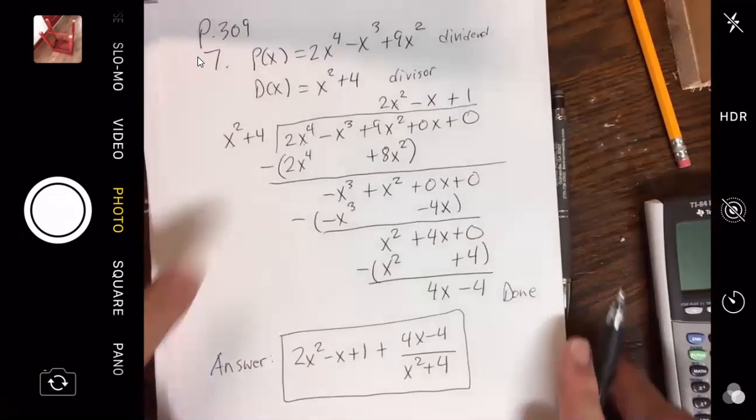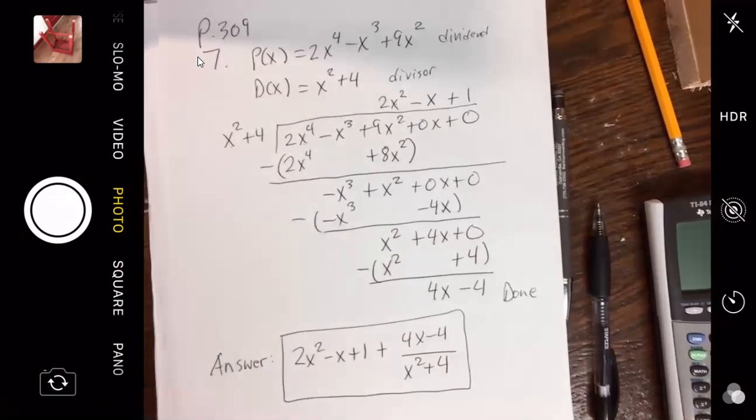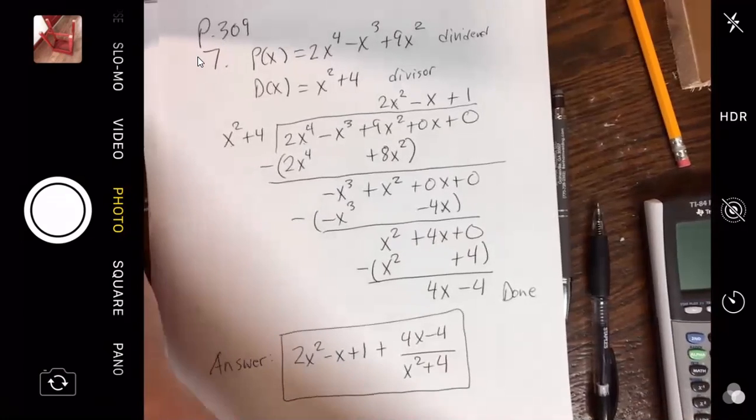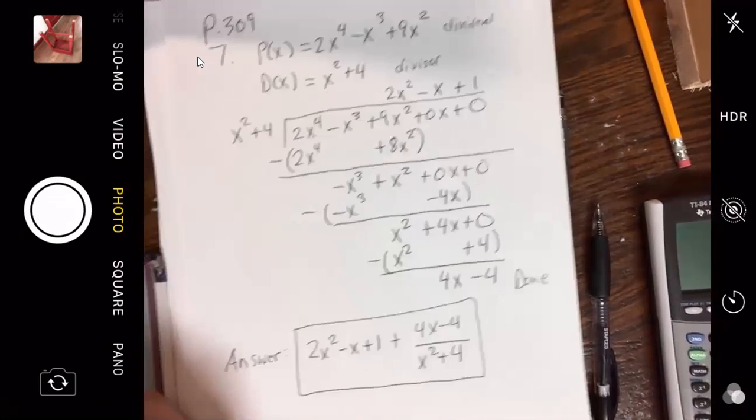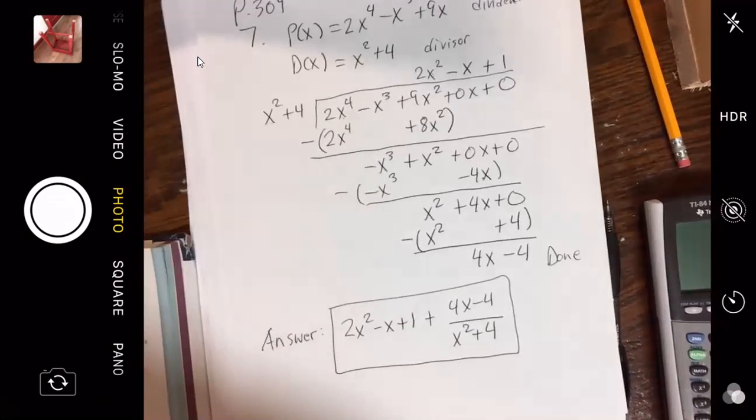All right, just to give you some confidence, or see if I'm an idiot, let's check this one with the back of the book. 3-3, number 7.